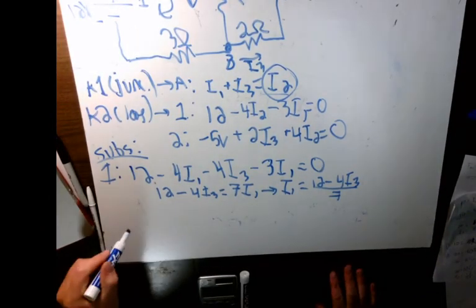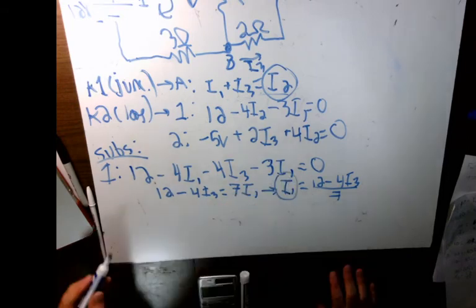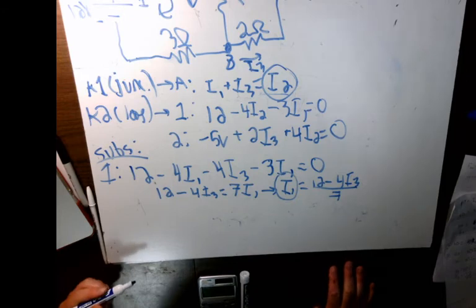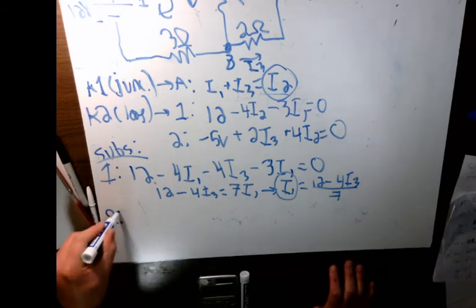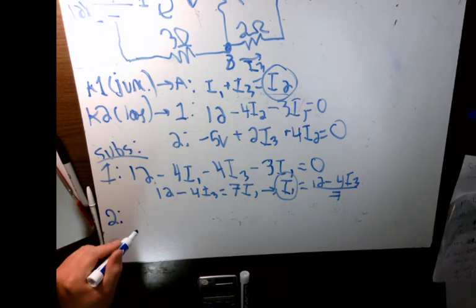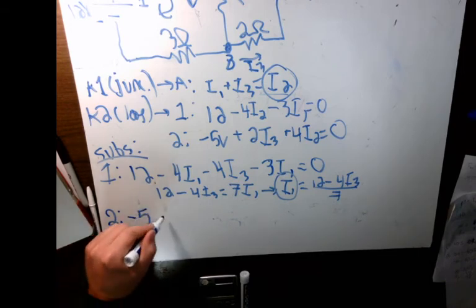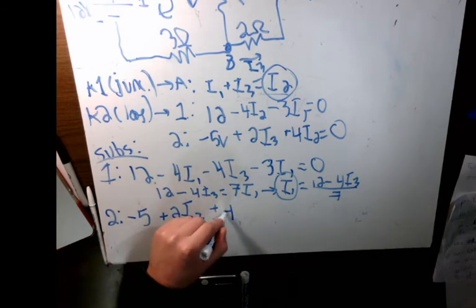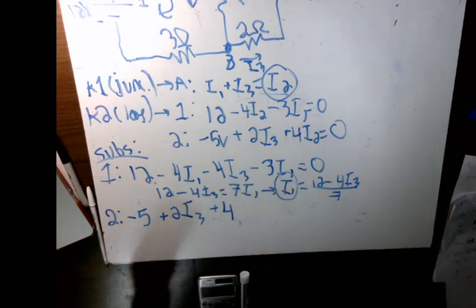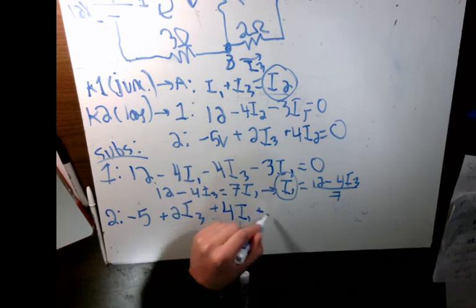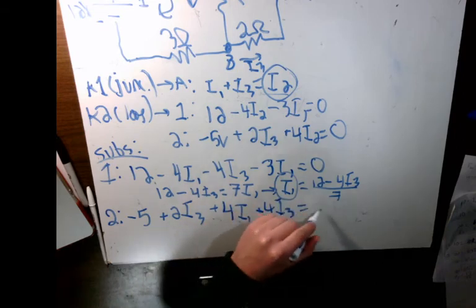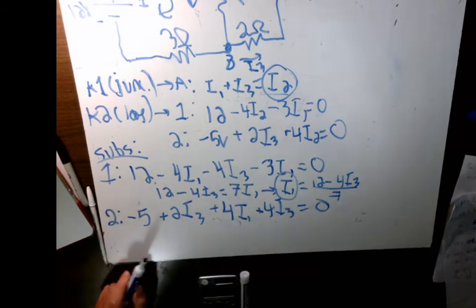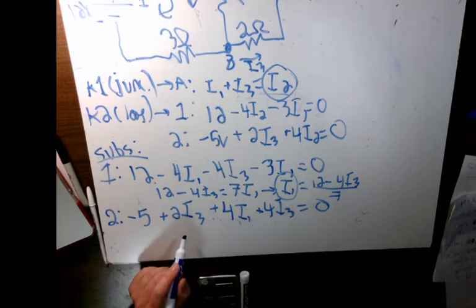This is what we're going to use in our final step to solve for I2. You'll see in a second what I mean. So our second equation, we've got negative 5 plus 2 I3 plus 4, and now for I2 we substitute I1 plus I3, so I1 plus 4 I3 is equal to 0. I'm going to bring my 5 over as well as I1.